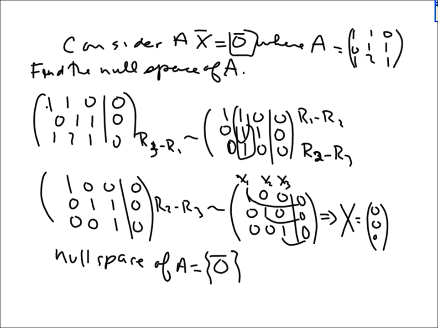Let's try another one. So now, what is the span of the null space? The span of the null space of A, well, that is the null space. Linear combination of those vectors, in this case, since there's only one vector, the scalar multiple of this one vector is that vector.